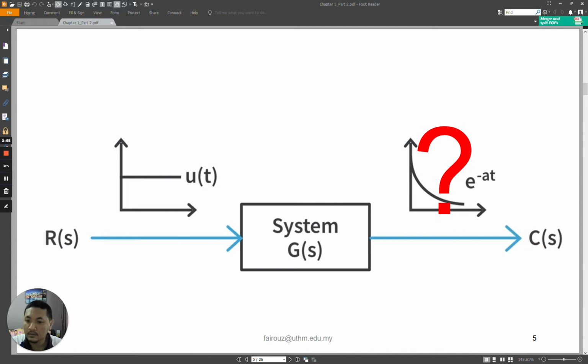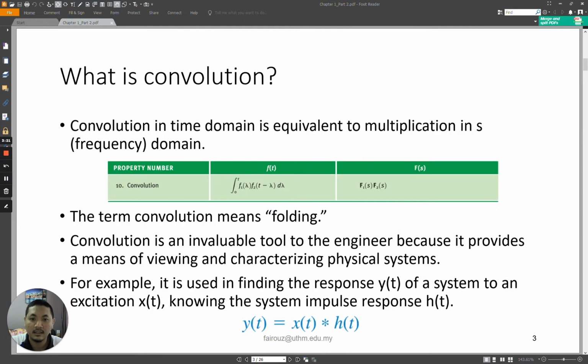Now, how can we solve for the output of the system? The application can be any circuit, because an electrical or electronic circuit is represented by a complete system G(s). So how do we solve this? We can use convolution integral.